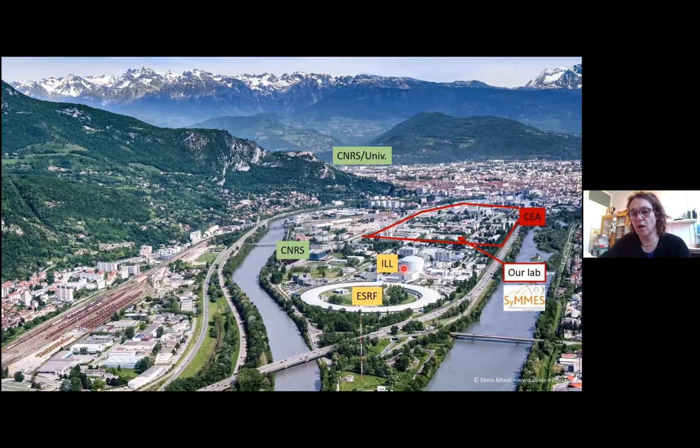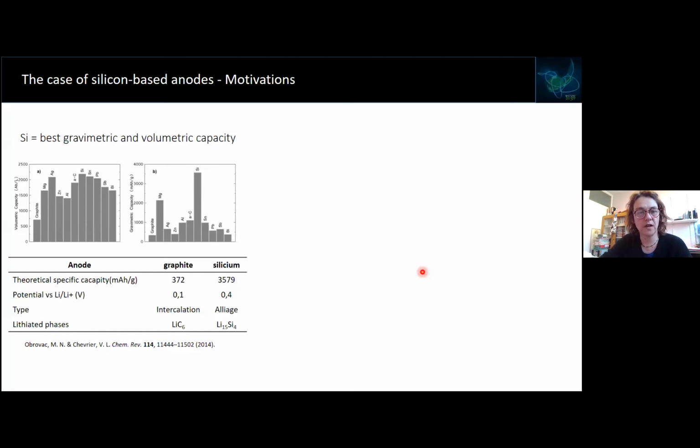And so in this talk, I will show you the kind of nice experiments that we can do in these facilities. So my focus is on silicon anodes because silicon is a very important material due to its high gravimetric and volumetric capacity.